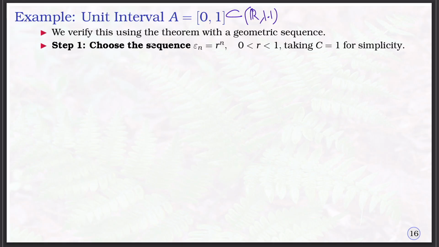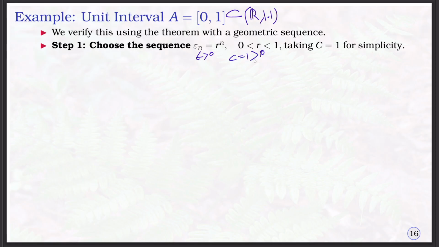We verify this using the above theorem with a geometric sequence. So choose the sequence epsilon n equal to r power n. Instead of epsilon greater than 0 being arbitrary, we are choosing epsilon in the sequence r power n and take c equal to 1, the arbitrary constant.